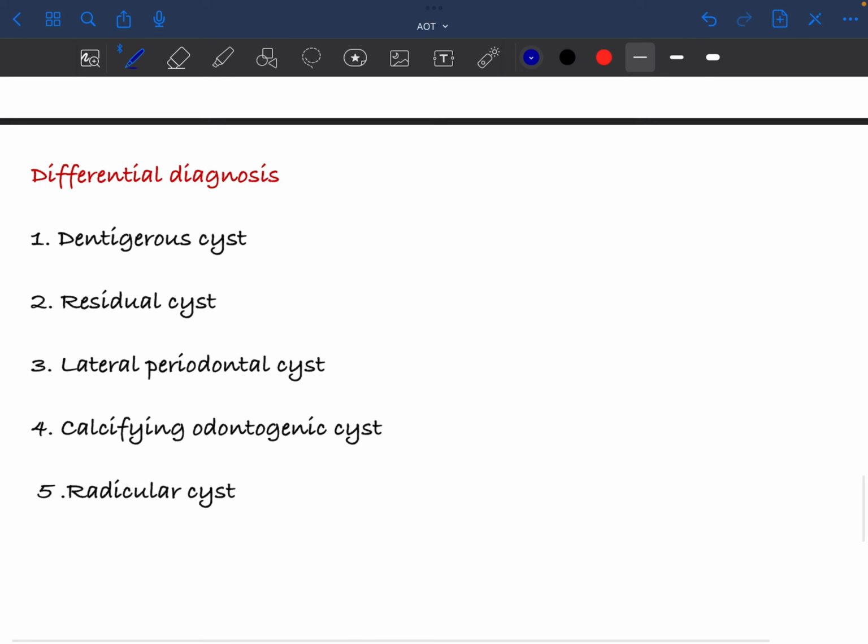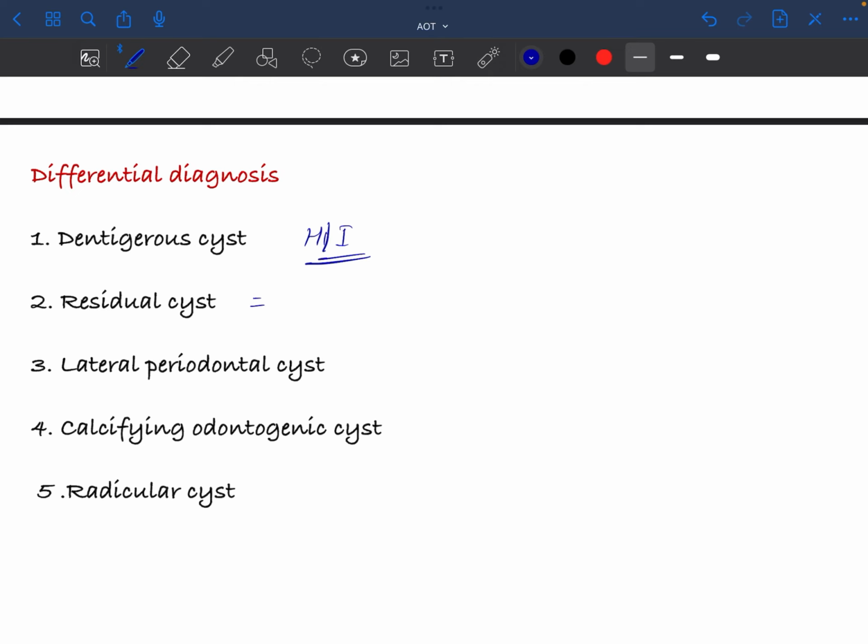What are all the differential diagnoses for the tumor? Dentigerous cyst, 101%. The only possible way is histological investigation. Clinically, they appear the same.